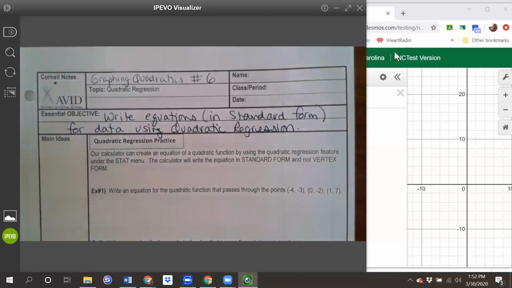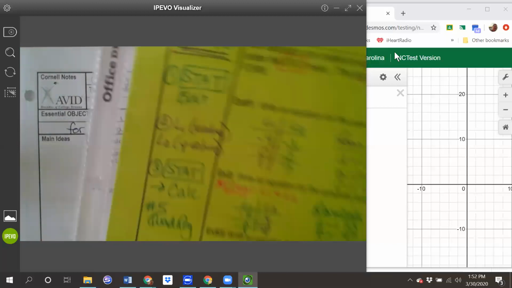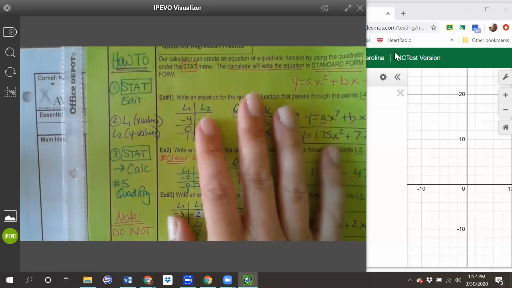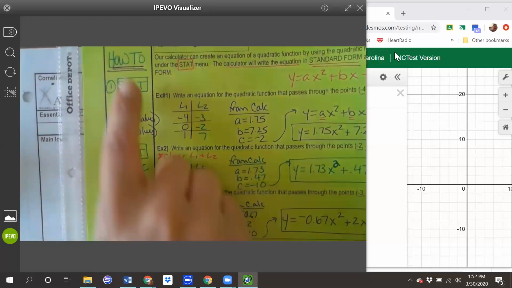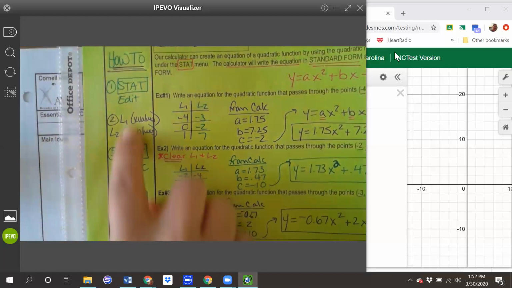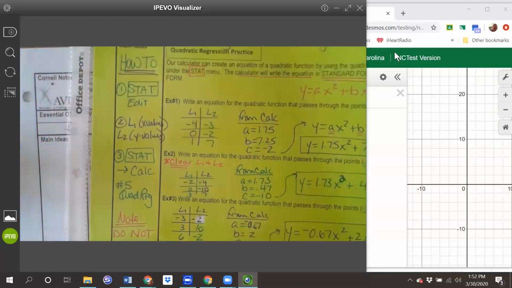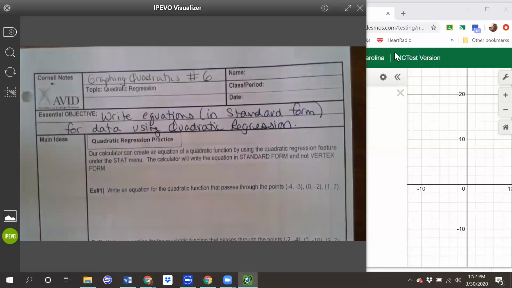What I'm going to do today is, if you are looking at my PDF of the notes, the how-to there is for your calculator. Many of you don't have a calculator, and quite frankly, this is one of those things that Desmos makes easier.